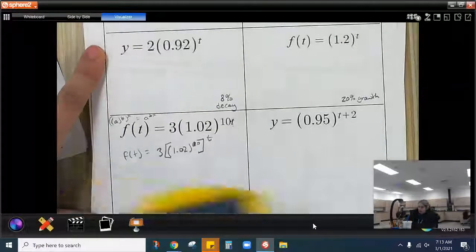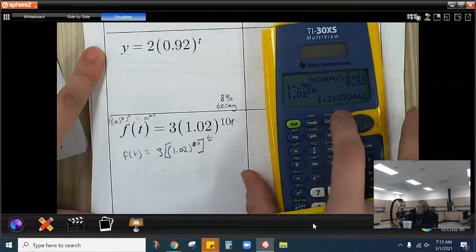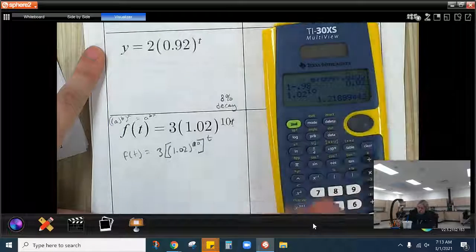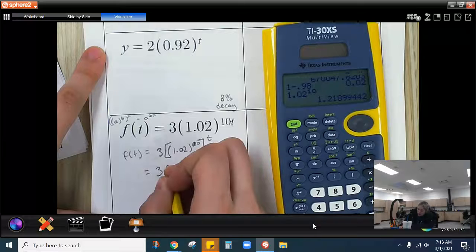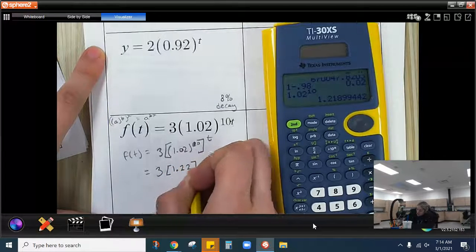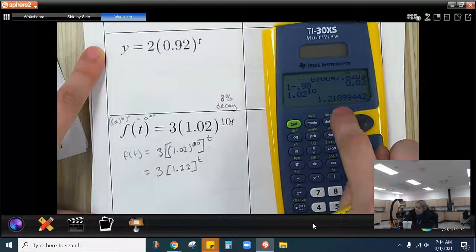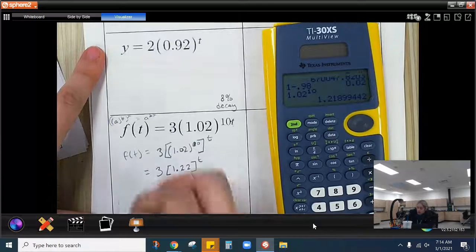So when I do that, I get 1.219, so this would be 1.22 to the t. Why did I pick 2 decimals? Because it was 2 decimals here. Okay, just so you know, I wasn't being arbitrary. I was just keeping it with 2 decimals.